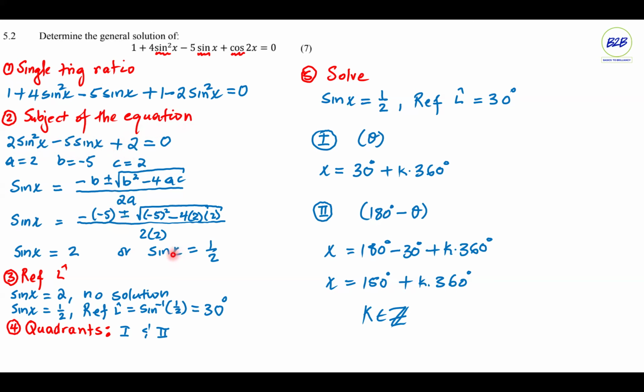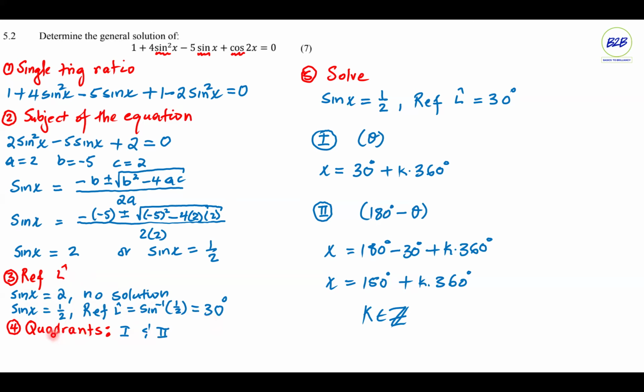Then the third step, determine the reference angle without using the sign of the constant. All right. For sine x equal to 2, we didn't get a solution. For sine x equal to half, we got the reference angle to be 30 degrees.